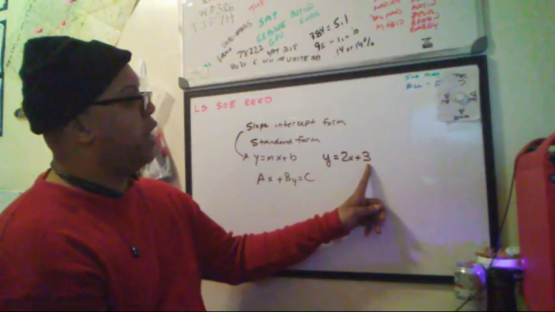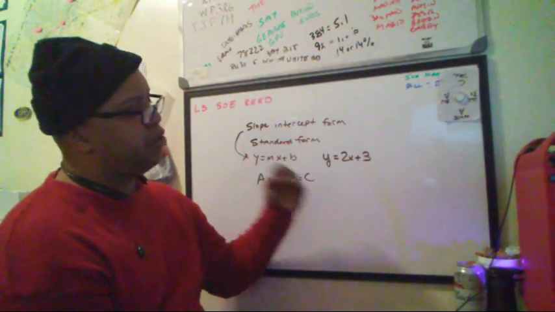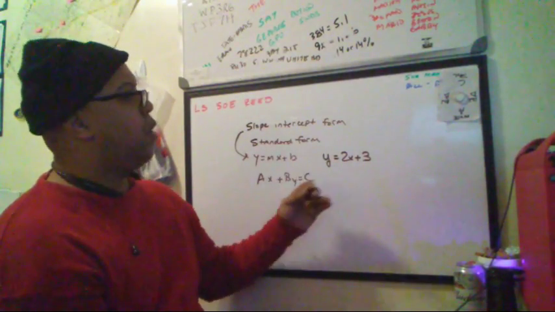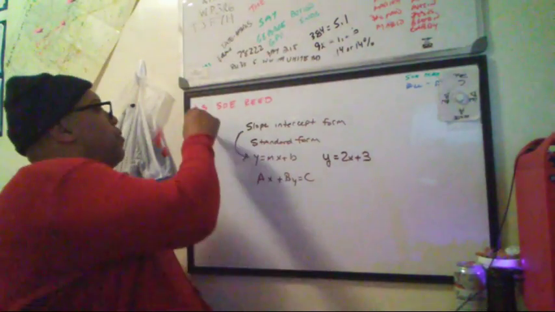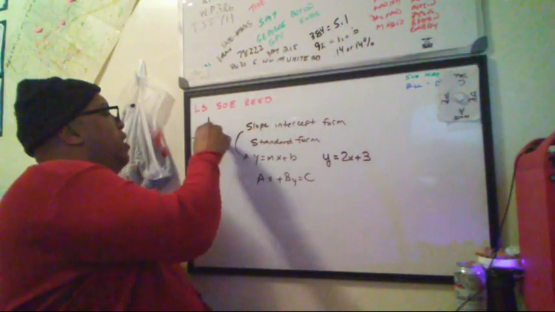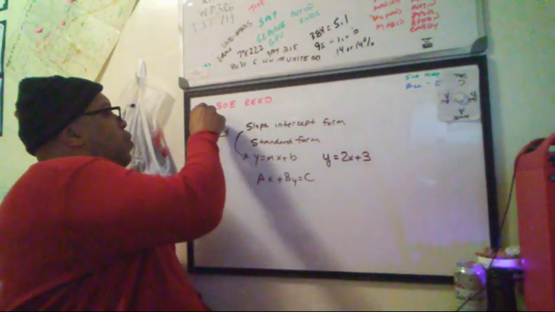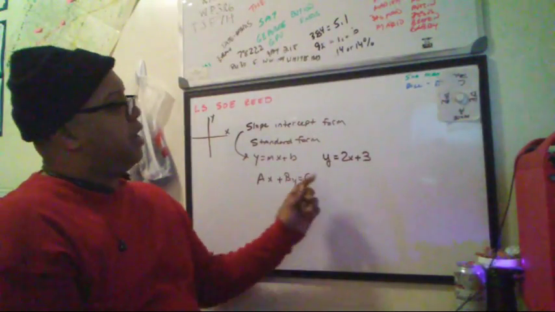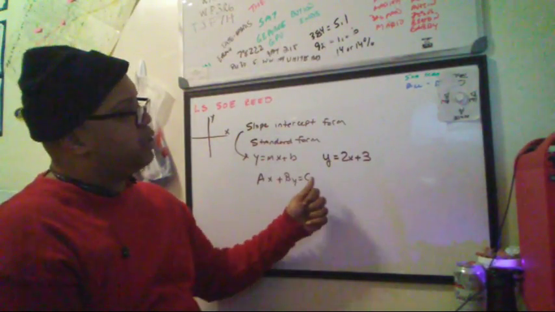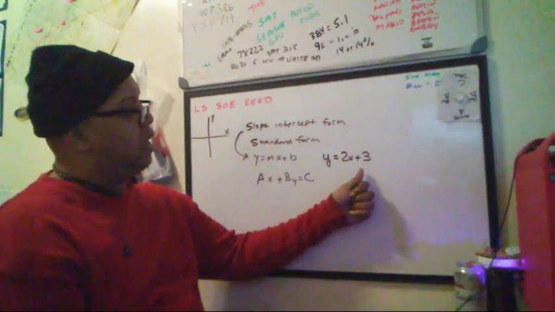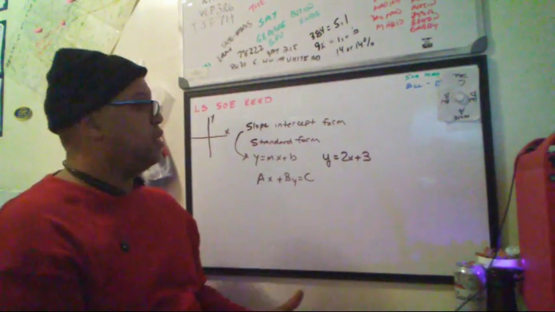This is the point at which the line will intersect the y-axis. If you guys remember the Cartesian coordinate plane, you have your x-axis and you have your y-axis. So it's very, very important that you understand how to read it in slope-intercept form and understand what the line is supposed to do.